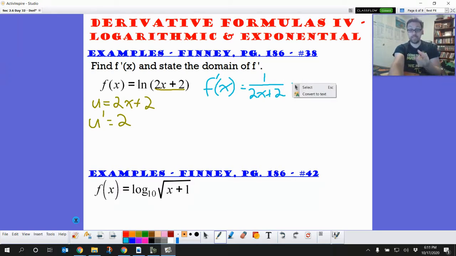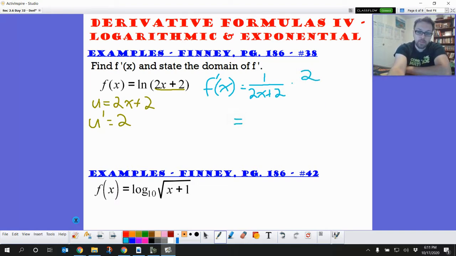Well, the derivative of the inside was 2, so I need to multiply this whole thing by 2. So that equals 2 over 2x plus 2. Ooh, I could factor out a 2 from the denominator and simplify that a little bit. So then I get the derivative as 1 over x plus 1. So that's f prime.